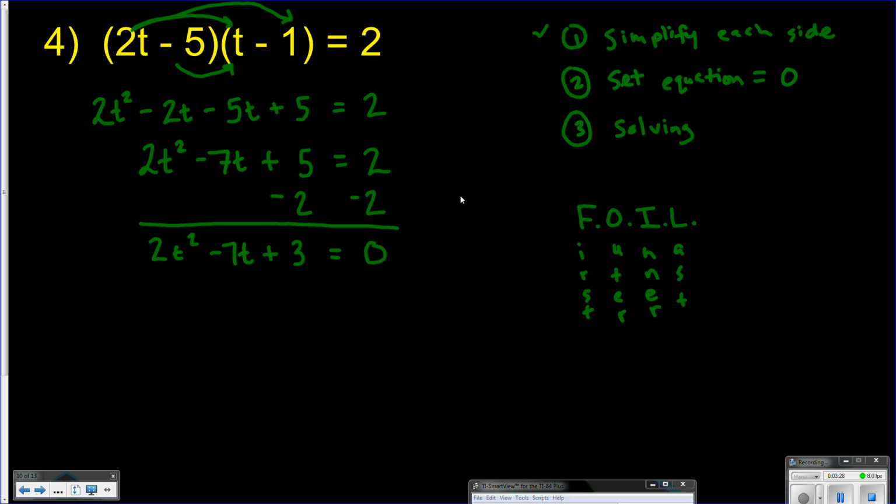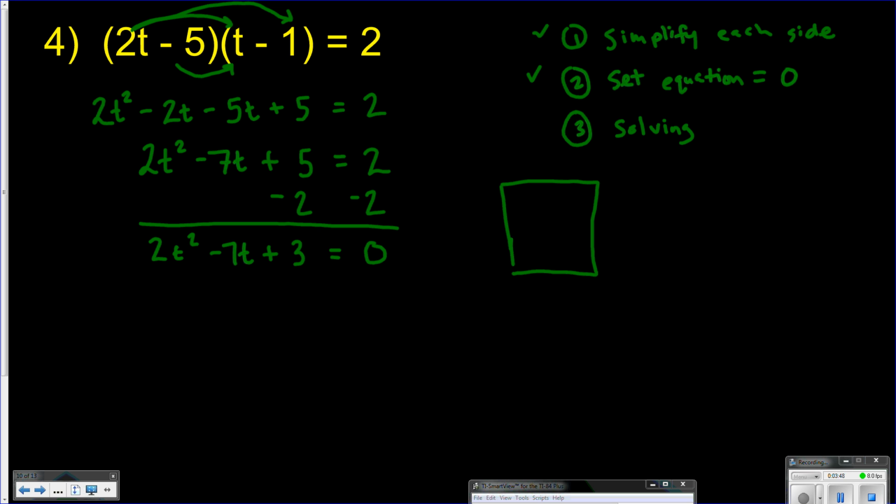Now the next step here, since we've set it equal to 0, is solving it. I'm going to start out here by trying to factor this. And I'll go ahead here and use my generic rectangle, since I know a lot of people do when a is a different number. So I'm going to set up my rectangle. Don't judge.